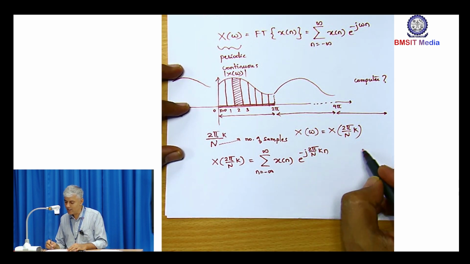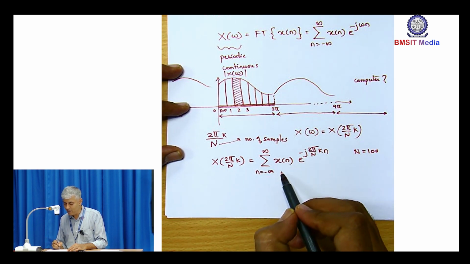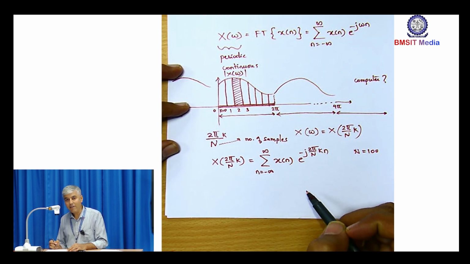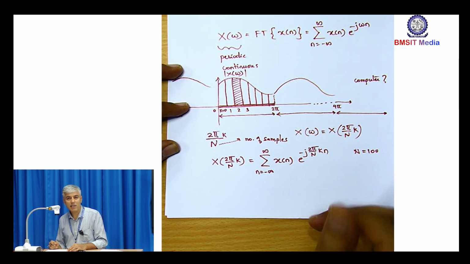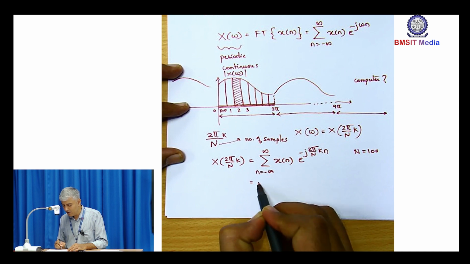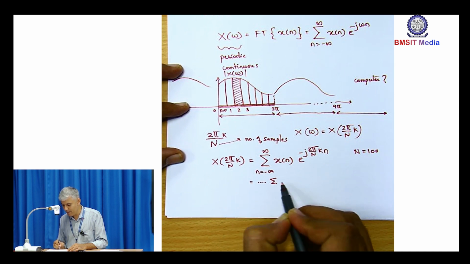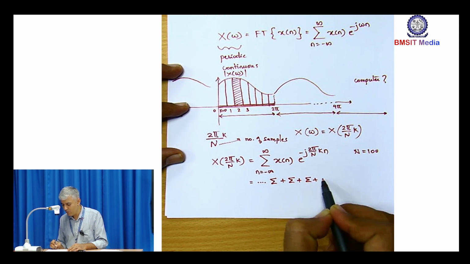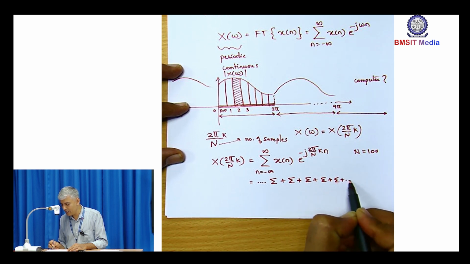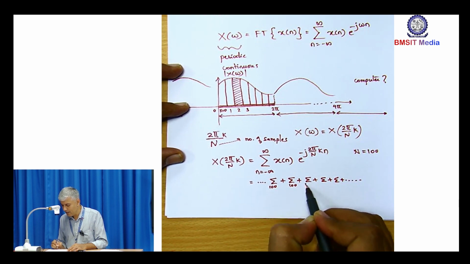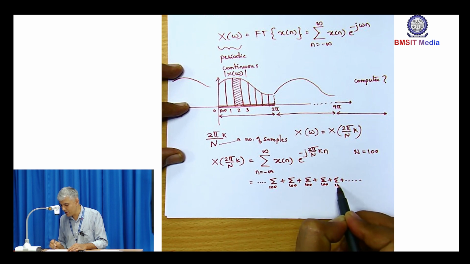For example, assume that N is say 100. So instead of having one summation from minus infinity till plus infinity, I will have multiple summations, each of them will have say 100 samples. One summation here, one more summation, one more summation, like this. This continues such that each of them has 100 terms in their summation.